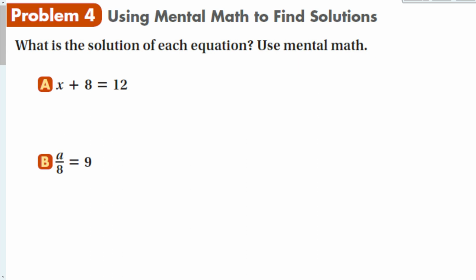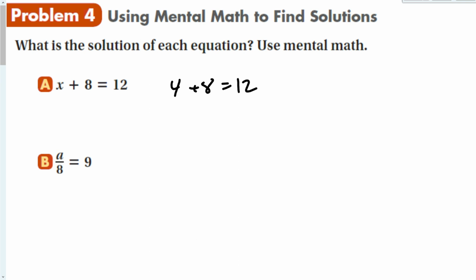Okay, so problem 4, we're going to now use mental math. We can ask ourselves, what's the solution of each equation? If I have something and I want to add 8 to it, and my answer is 12, what is that something? Well, if I started with 4 and added 8 to 4, I get 12.